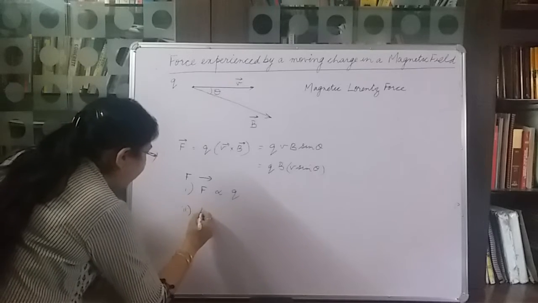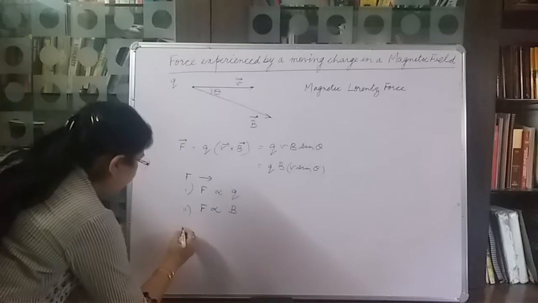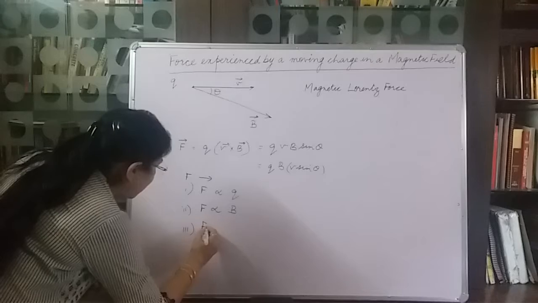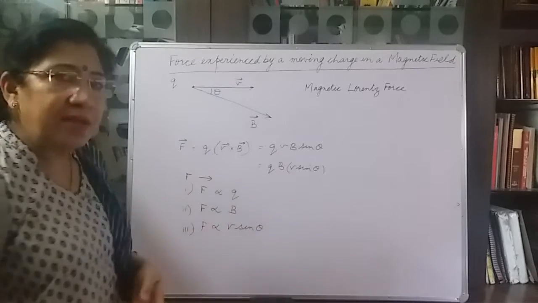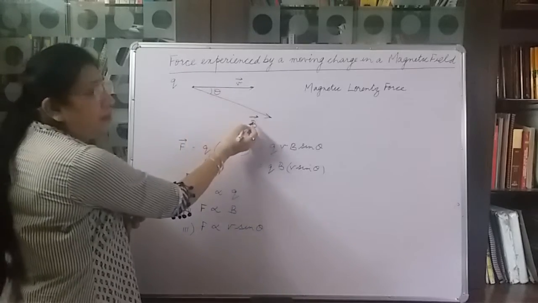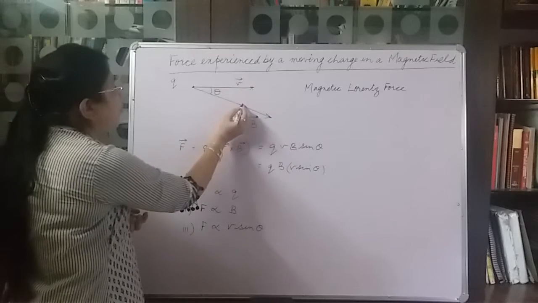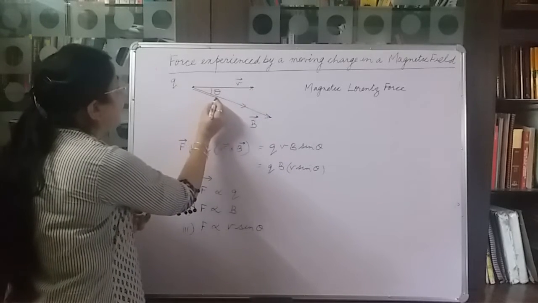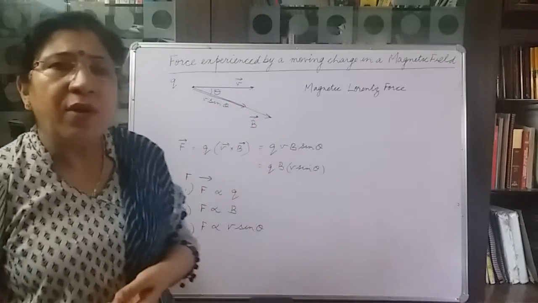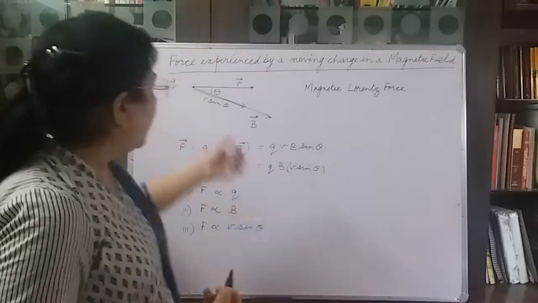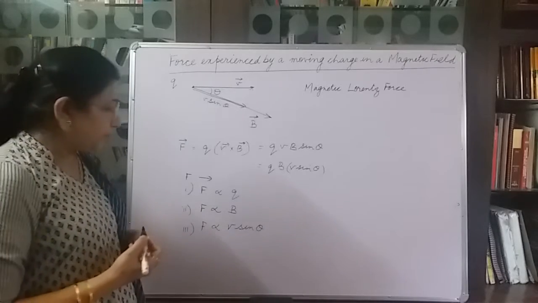The magnitude of F also depends upon the magnitude of the magnetic field and upon V sine theta, the component of velocity perpendicular to the magnetic field. So F depends upon these three factors.